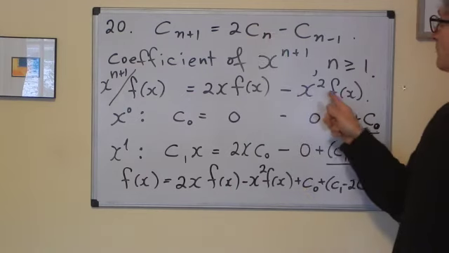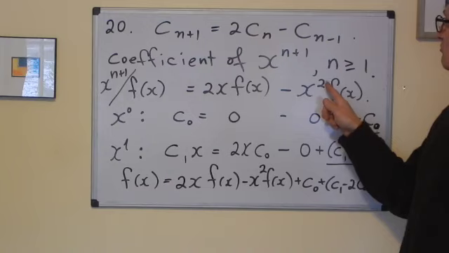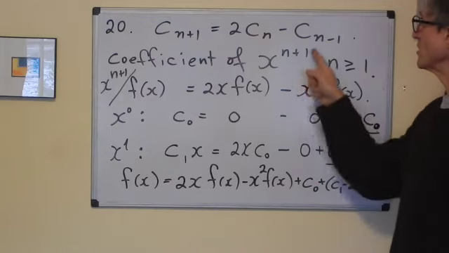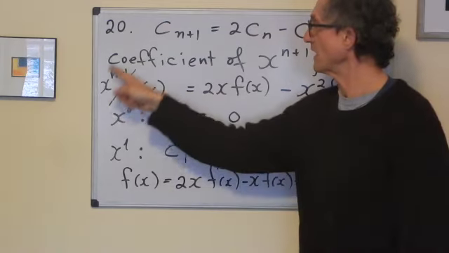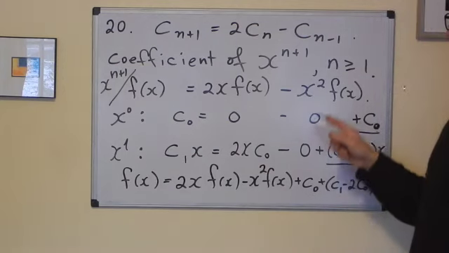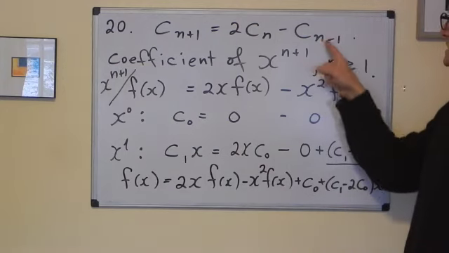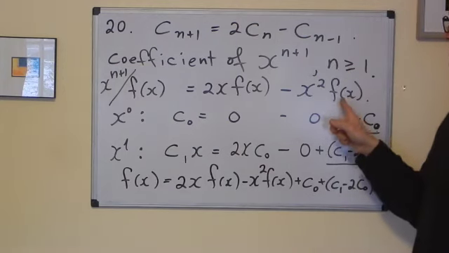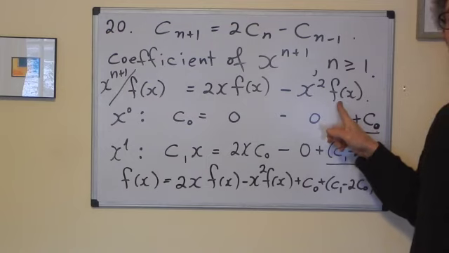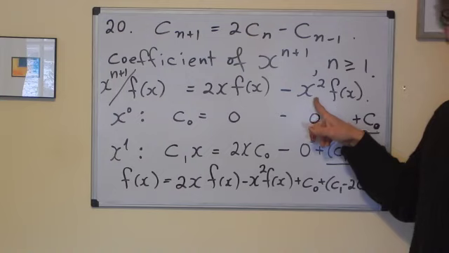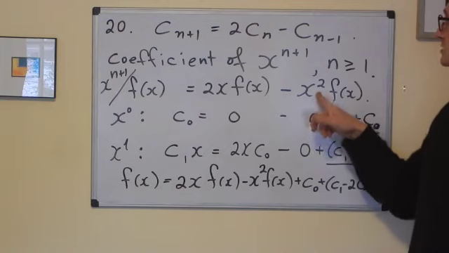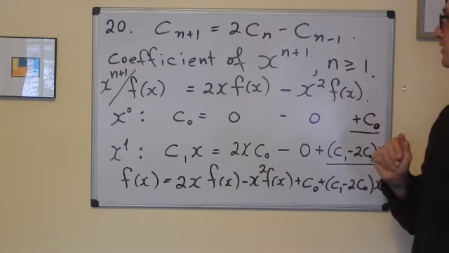And if I multiply f(x) by x squared, then the coefficient of x^(n+1) is going to be C(n-1), right? Because f(x) has C(n-1) multiplying x^(n-1). And when we bump the power up by 2, we will get C(n-1) multiplying x^(n+1).